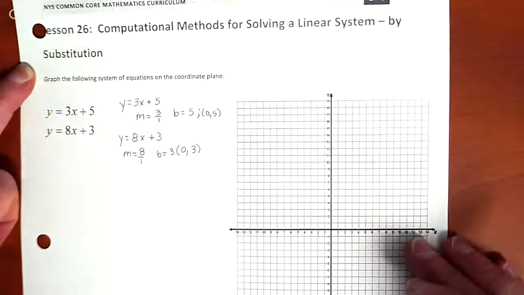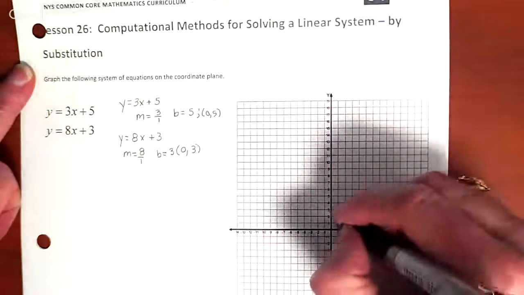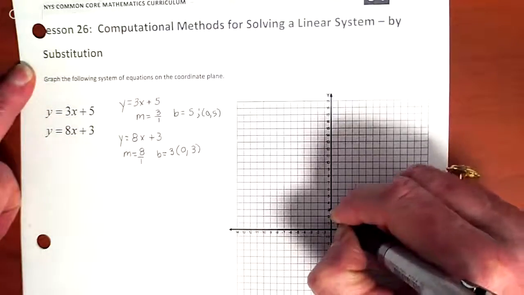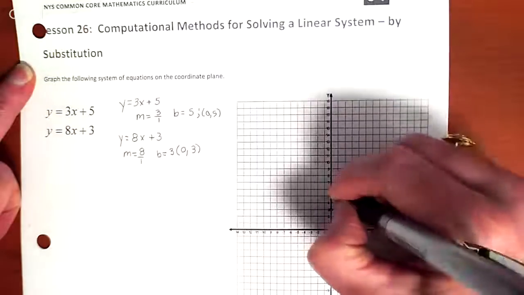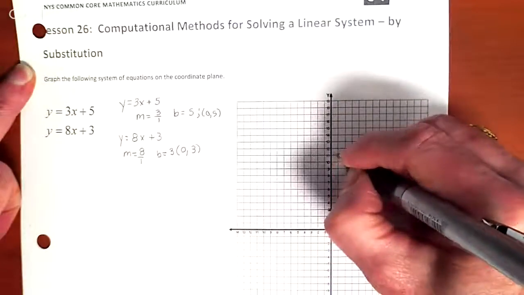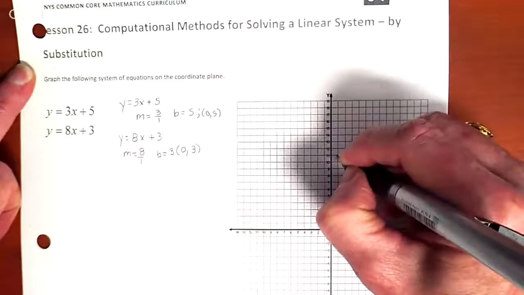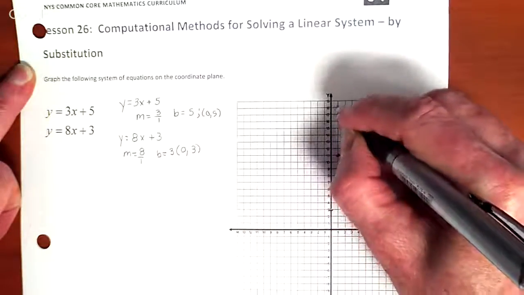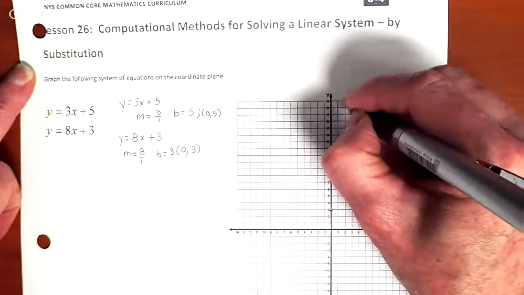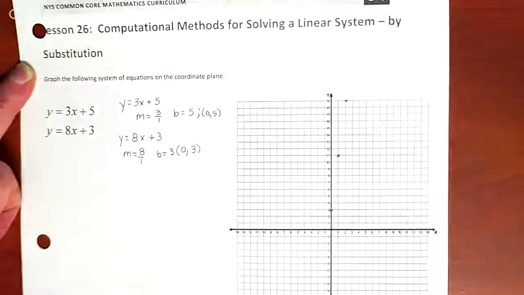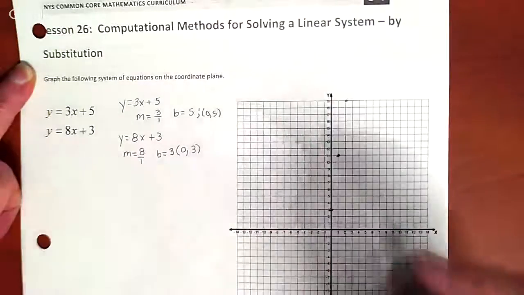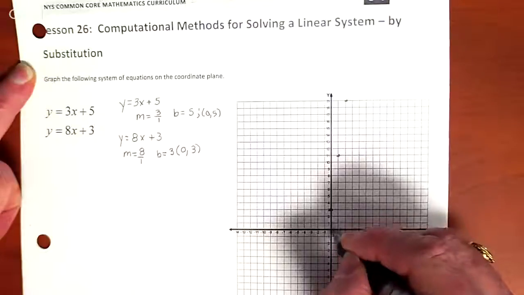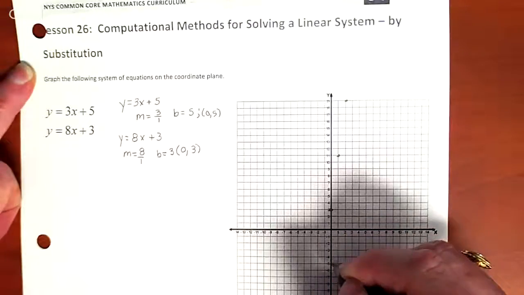So now to graph these, I have 0, comma 3, which is here. So now I go up 8, 1, 2, 3, 4, 5, 6, 7, 8, and over 1. And I can go down 8, and over 1.